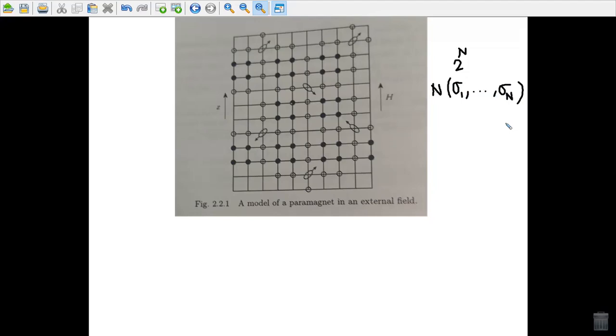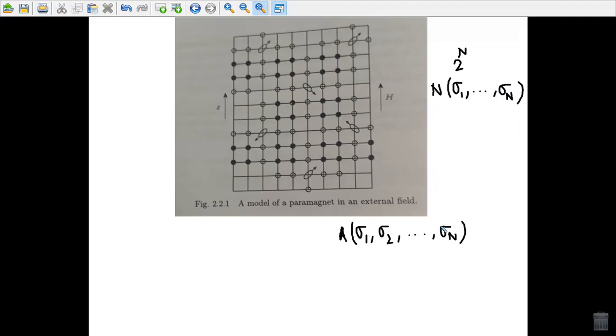In each microscopic state, the properties of the system are completely defined. With each microscopic state, one can associate observables like A of sigma_1, sigma_2, up to sigma_N, which are numbers associated with the particular state.